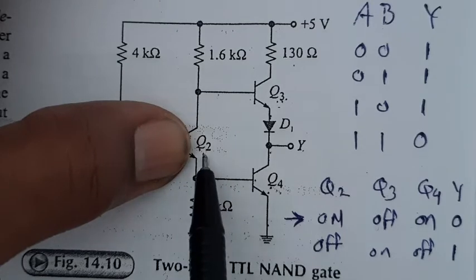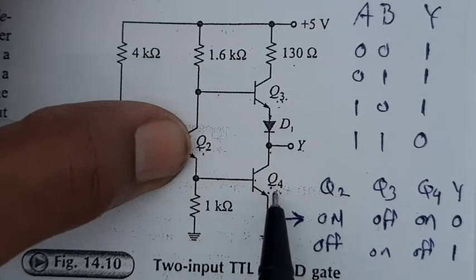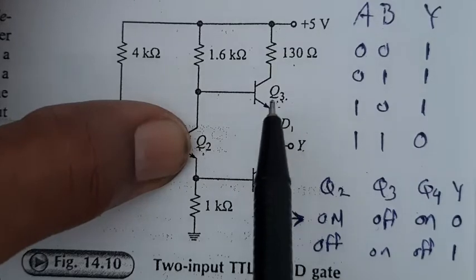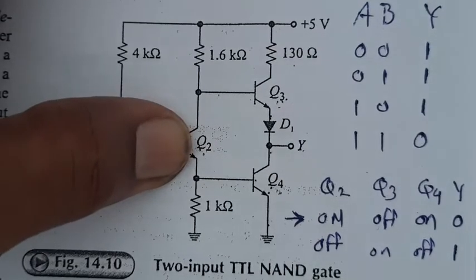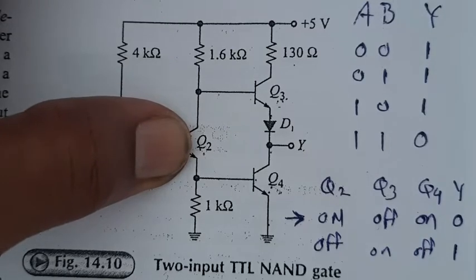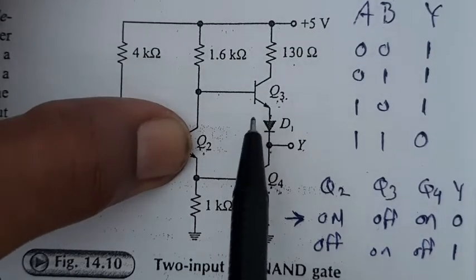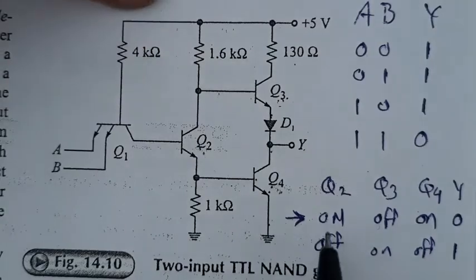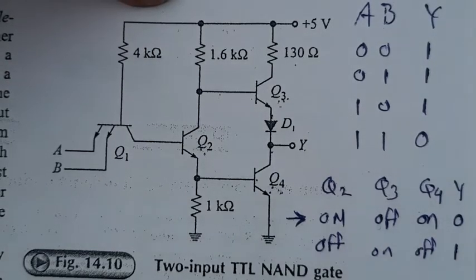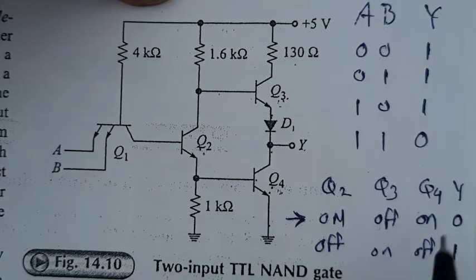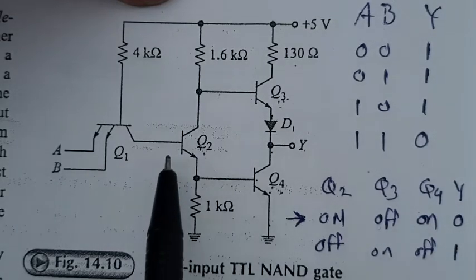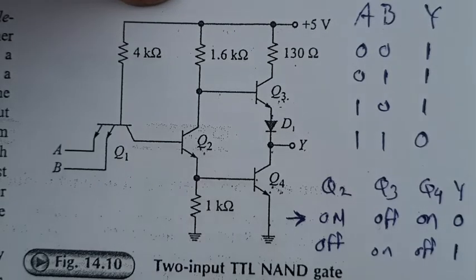Therefore, whenever Q2 is on, Q4 will be on and Q3 will be off, because there will not be sufficient potential difference across base to emitter junction of transistor Q3 to make it on. Okay, therefore we will have to discuss this state carefully. Fine. Once it is understood, then we can think about the status of transistor Q2.